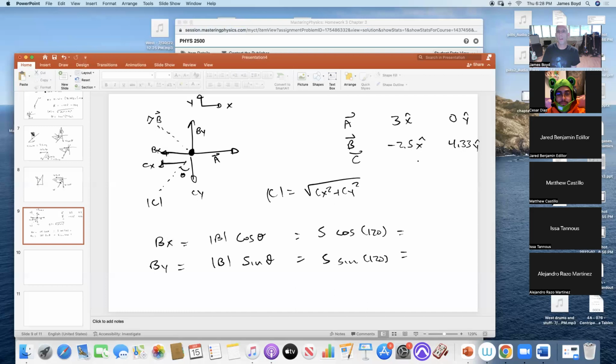Well, this has to be such that they all add up to 0. And this has to be such that they all add up to 0. So C needs to equal minus A plus B for each of these. Whatever these add up to, C has to be the negative.